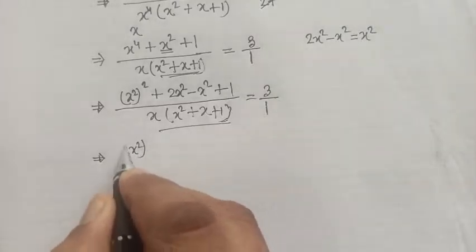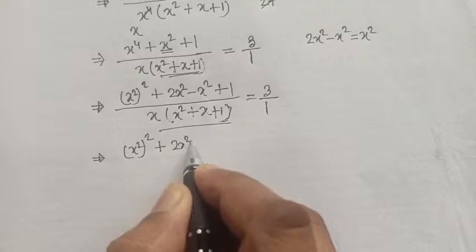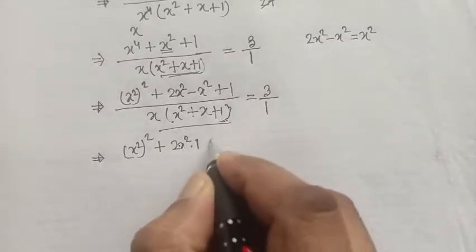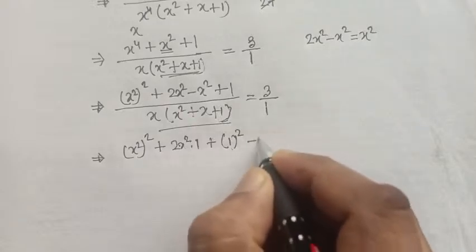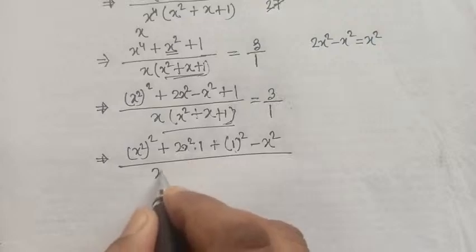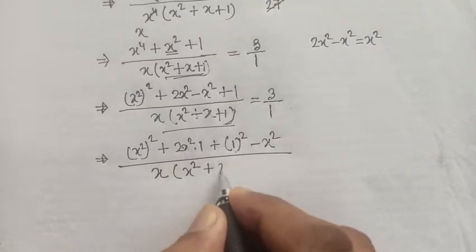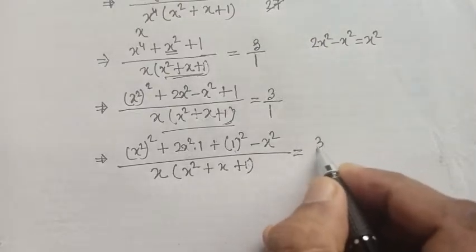Now we are just expressing the equation in a simplified way, x square into 1 plus 1 square minus x square, and the denominator should be same, x square plus x plus 1, equals 3 by 1.